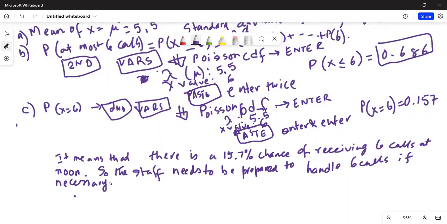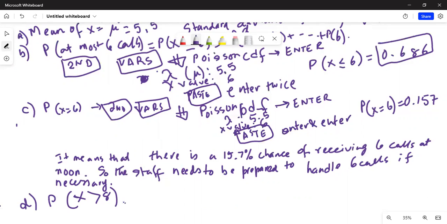Okay, only 15.7% chance. The last part is what is the probability for x greater than 8? Now we will do it using the complement rule.